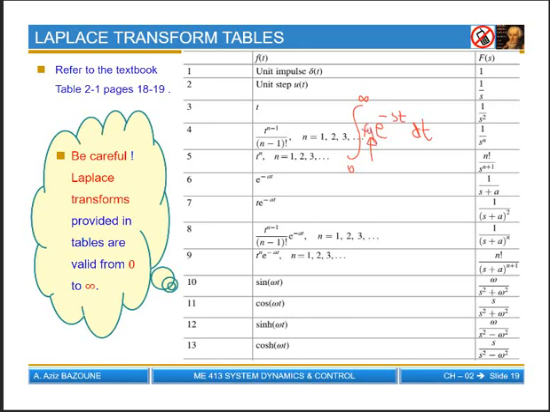When you substitute infinity, e to the minus infinity is equal to 0, and e to the power 0 is equal to 1. So you have to be careful. The table is given from 0 to infinity.